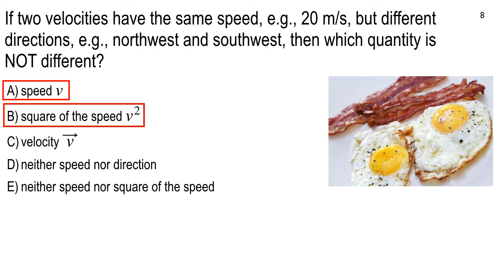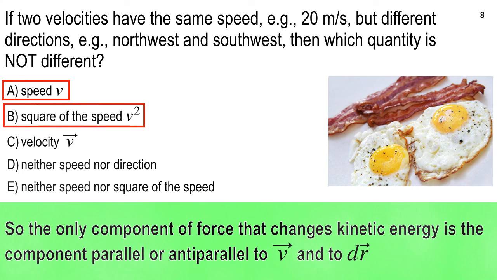But if you have the same speed, V squared is always 400 meters squared per second squared. The reason that this is important, my wonderful students, is that the only component of the force that changes V squared in kinetic energy is the component that's either parallel or anti-parallel to V, and then of course to dr. All right, so make a note of that. That's what this implies.